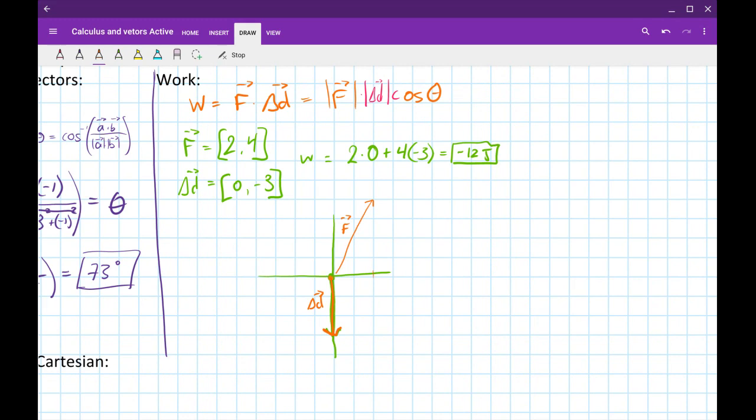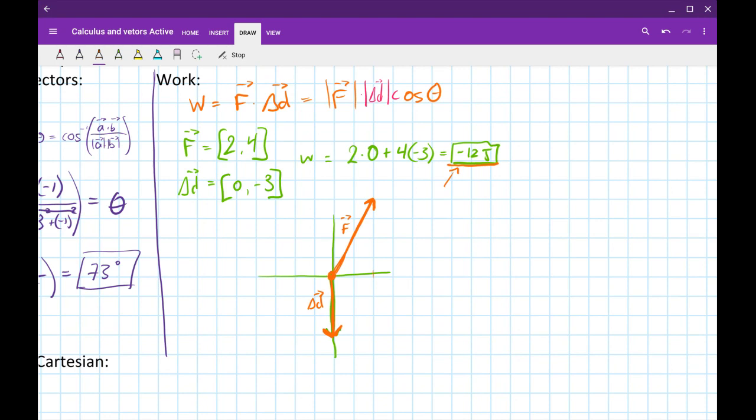Basically, there's some kind of force pushing on an object like this while the object is moving like that. So how much energy did the force put into the object? Notice it's negative. That means it took energy away. That makes sense because if you look at this picture, the object was moving downward, but the force was pushing upward. So the overall result is that this force must have slowed down the object. As a result, you have negative work here. All right, so that is the idea for work.